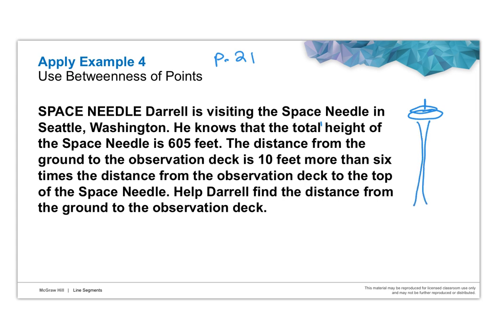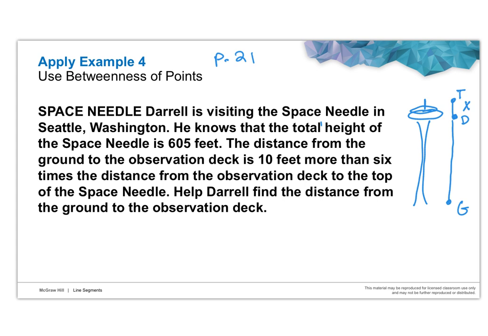I'm going to give labels for the different parts of our diagram. So the top to the ground is a known distance. But what we don't know is from the deck to the top of the needle. Since we don't know that, we're going to call that our x.